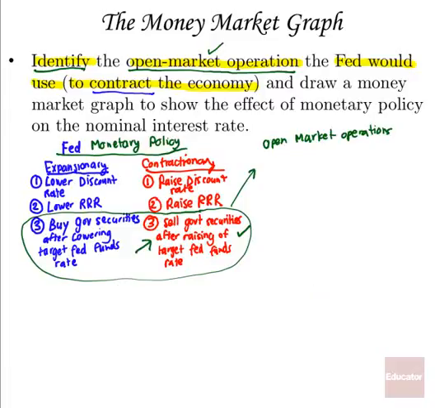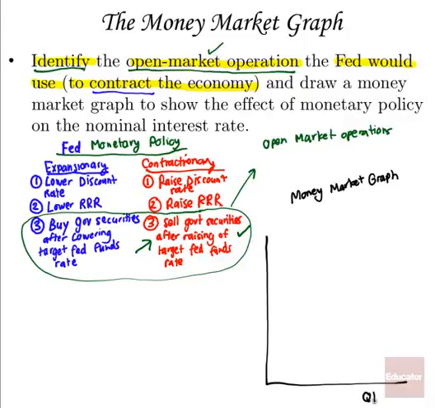Now, how does that look in terms of the money market graph? So here's the money market graph. Here's the quantity of money on the x-axis, and then here's the nominal interest rate on the y-axis.